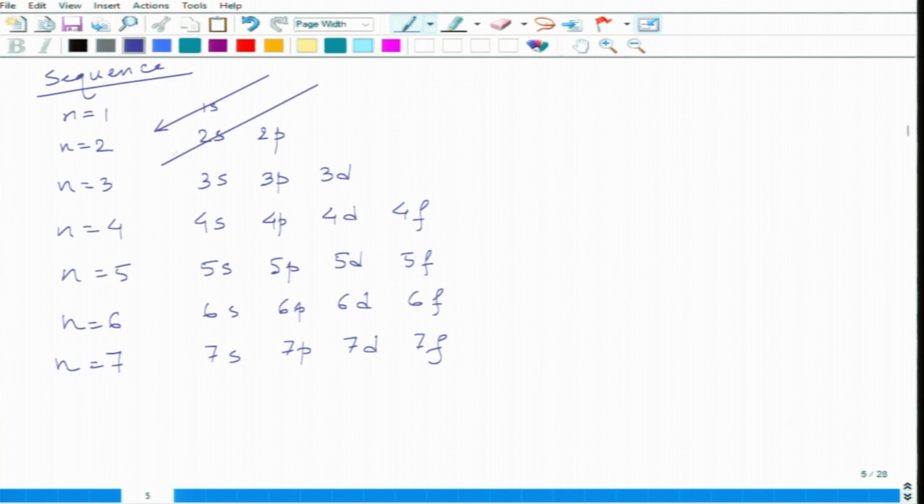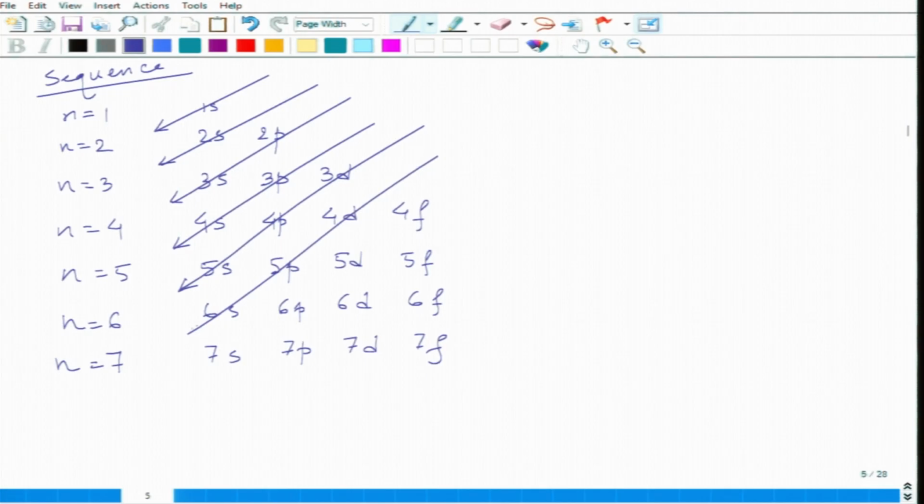So, we will draw arrows like this. Okay. So, in these arrows now, what we will do, that we will connect the front of the upper arrow with the end of the lower arrow, like this.